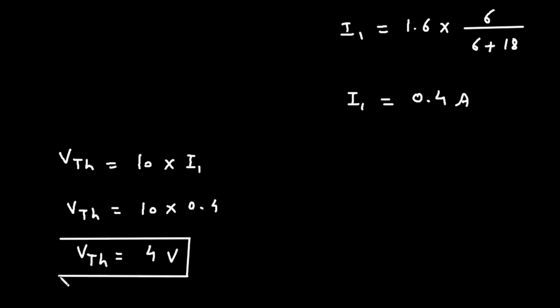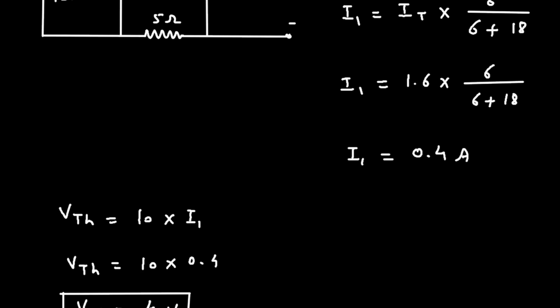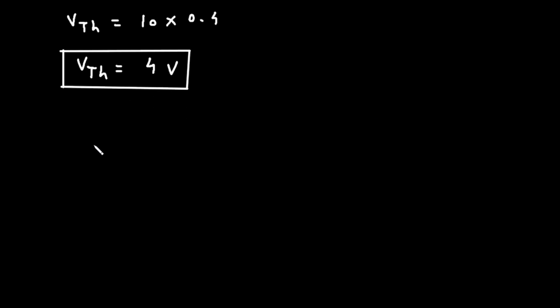Now we got the value of VTH and we have also found the value of RTH. So we can draw the Thevenin equivalent circuit. In the Thevenin equivalent circuit, we need a voltage source VTH. This is VTH and it is in series with RTH.